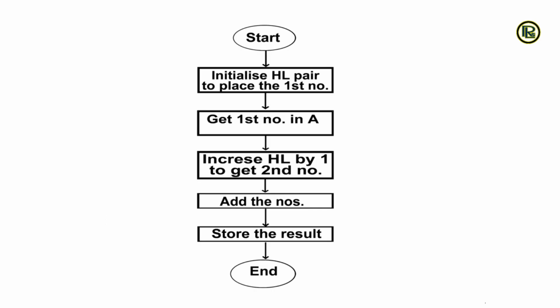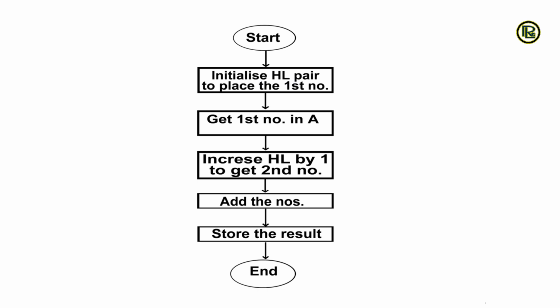And here is the flowchart of how to solve the problem. The basic feature is we have to start somewhere with some initial data. Then this part is interesting: we have to take the HL pair, the two registers H and L. That pair is used as a pointer.